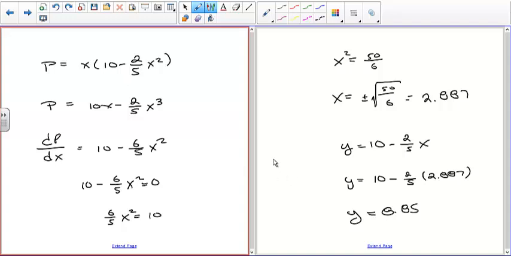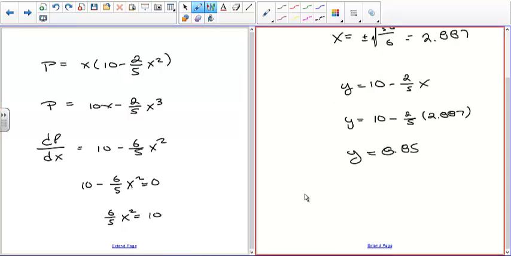I guess you could go back and plug that into the first equation. So let's just do that. So the sum is 50. So what we did is 2 times the first number squared, which is 2.887, and 5 times the second number, 8.85, and that should equal 50, or close to it. 2 times 2.887 plus 5 times 8.85 is, must have put something wrong in there.